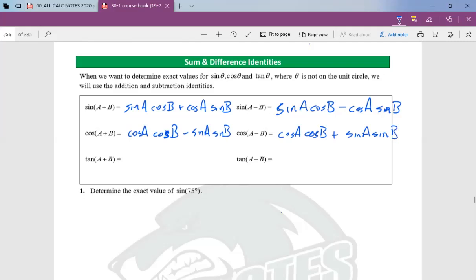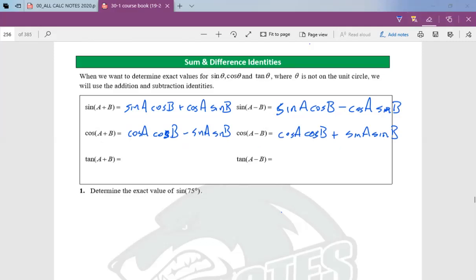So notice that with the cosine formulas, it was cos a cos b, sine a sine b, but in our sum of angles formula this ends up being subtraction, and in our difference of angles formula this ends up being addition, opposite to what it was for sine.